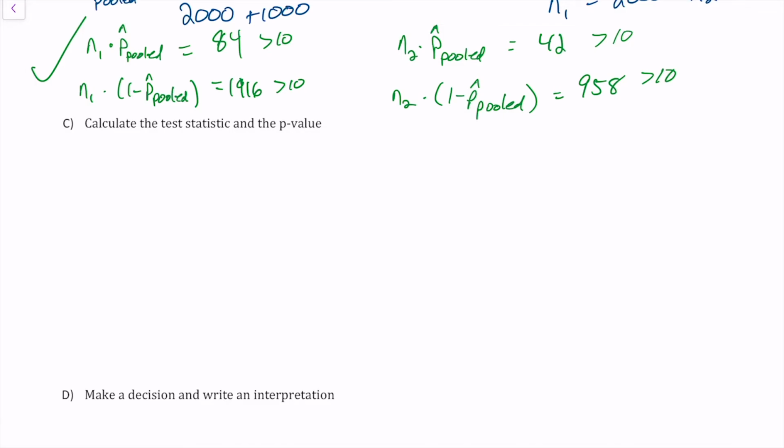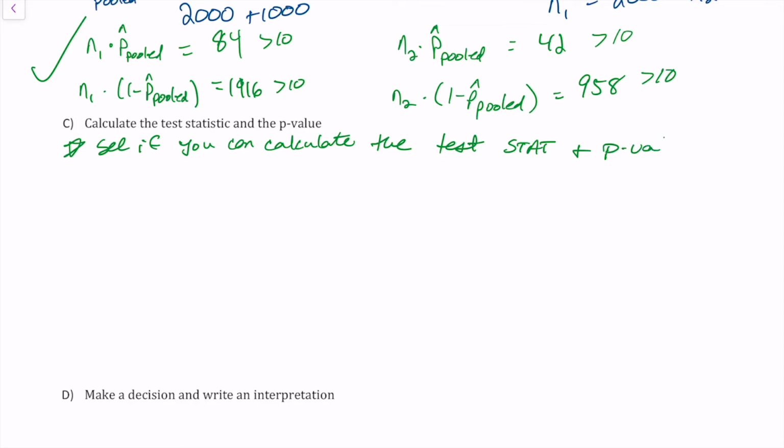But a good exercise is to see if you can calculate the test statistic and the p-value by hand. And what I mean by hand is, yes, you can use your calculator to calculate the probabilities and things like that, but see if you could get that. Okay. But for us, we're just going to jot this down into the calculator.